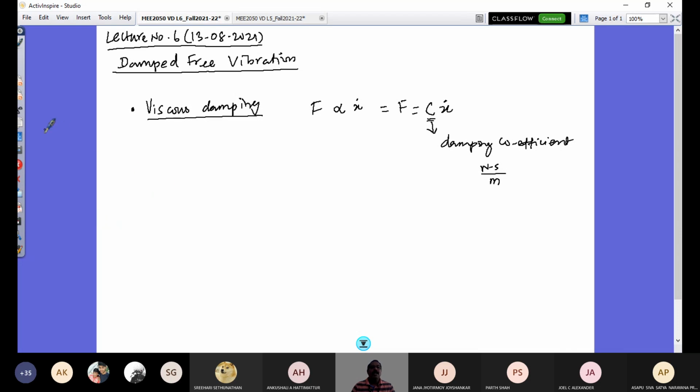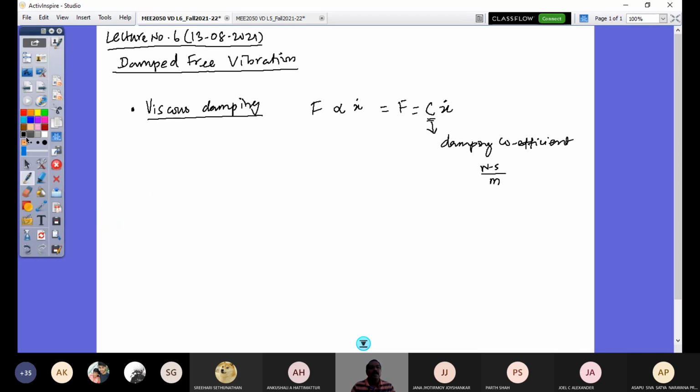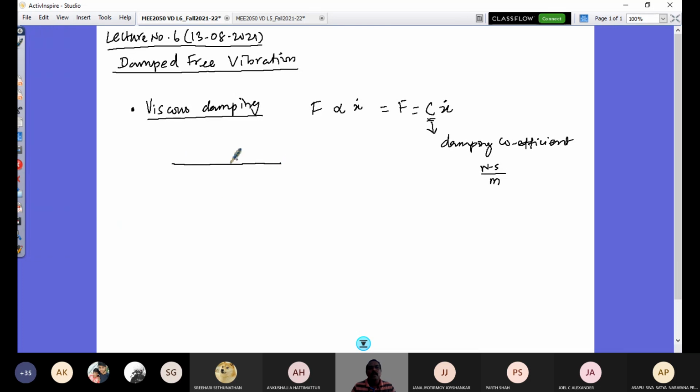That's what we need to understand. Let's look at this system now. We have two plates. Out of these two plates, this plate is fixed on the ground. It's a fixed plate. And this is the moving plate, and they are separated by a fluid film.